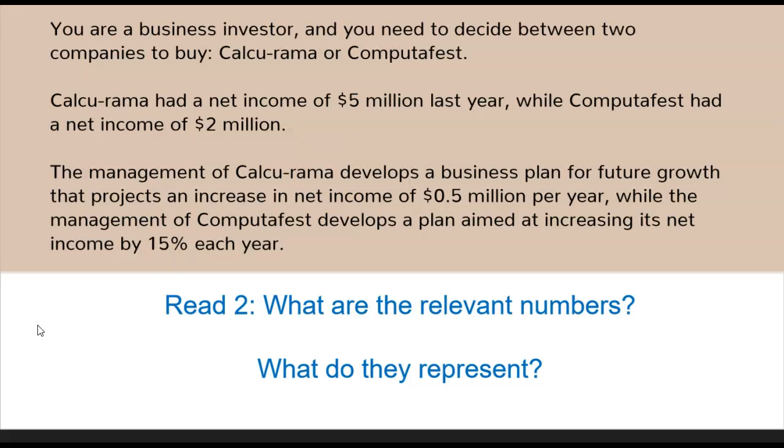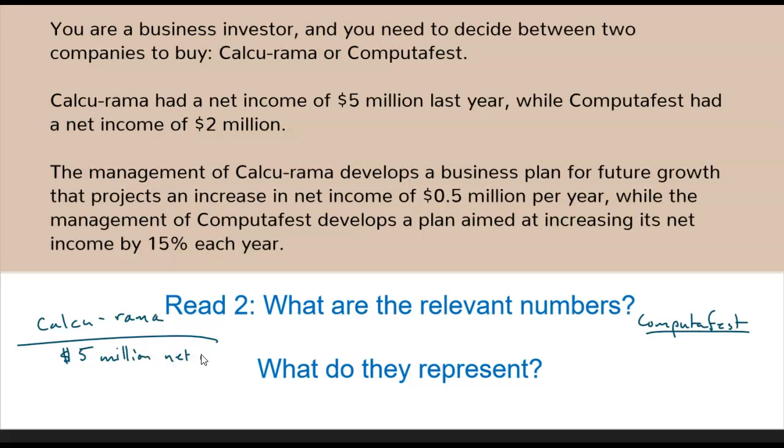So we're going to be comparing two different businesses, Calcu-rama, and let's do Computafest over here. Calcu-rama has a net income of $5 million last year. So 5 million seems like a relevant number.